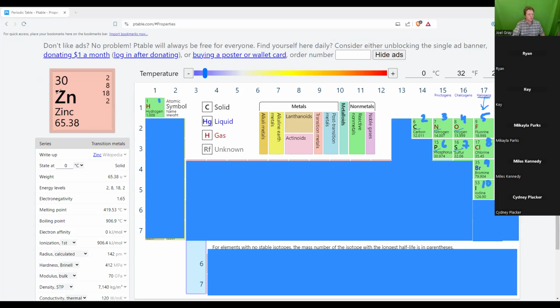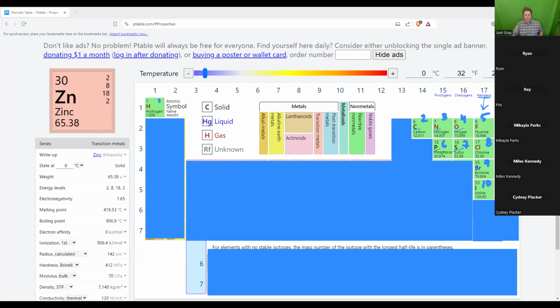Okay, so thumbs up if you prefer to be familiar with 10 elements as opposed to 118. This is probably going to be a pretty close race. Okay, we got 1, 2, 3, 4, 5, 6, 7. Okay, so you guys prefer to know about 10 of them as opposed to 118. I can work with that, and that's what I think we'll do.